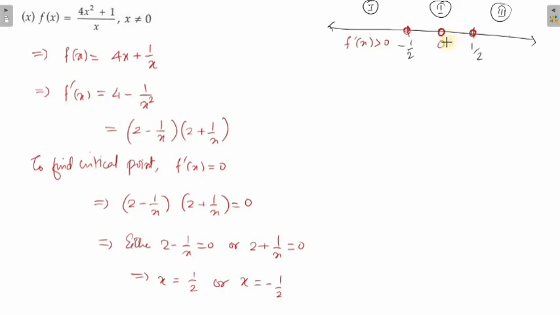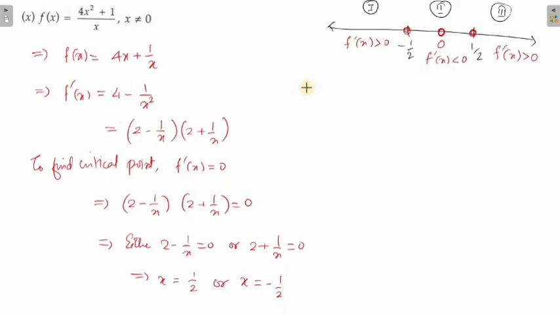Then 2 minus 4 is minus 2, and 2 plus 4 is 6. Minus 2 into 6, that is negative. So in this interval f dash of x is going to be negative. Similarly check, and you will find that in the last region f dash of x will be positive. Is that clear?